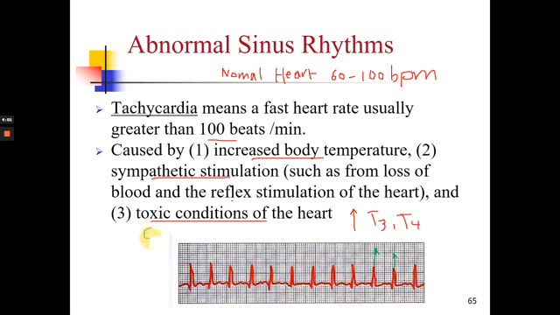So 60 over 0.4, the time for one cardiac cycle, equals around 150 beats per minute, which means it is more than 100. And it looks like these heartbeats are regular. Okay, so this is tachycardia.